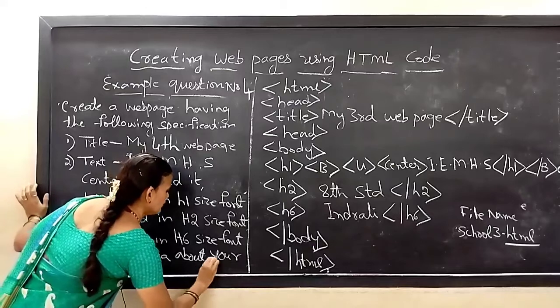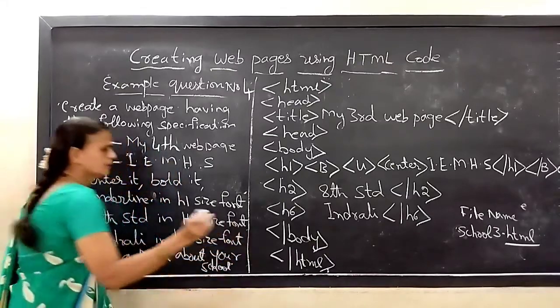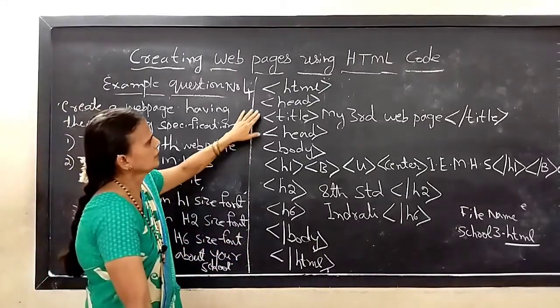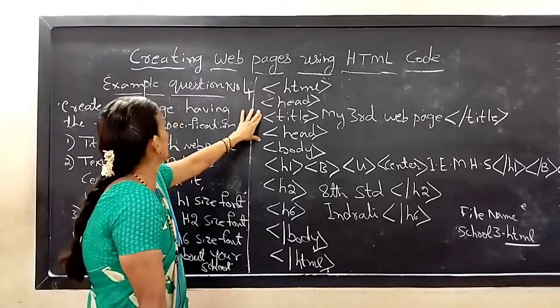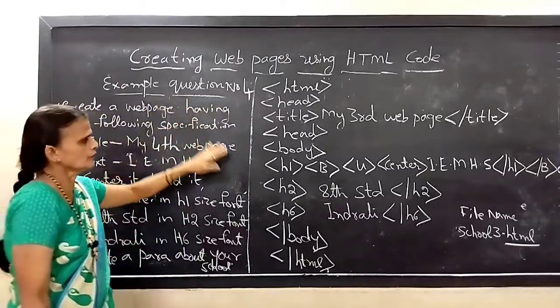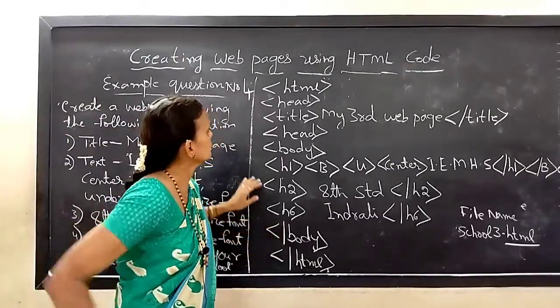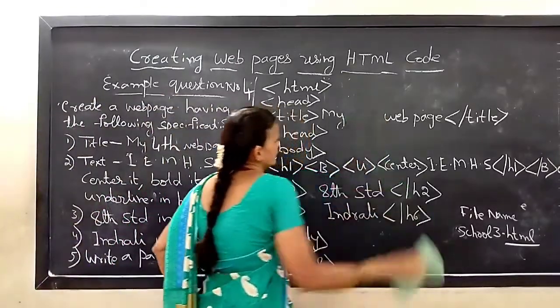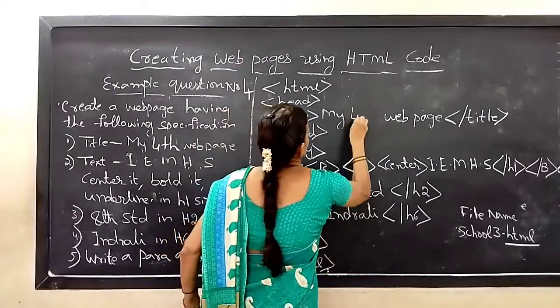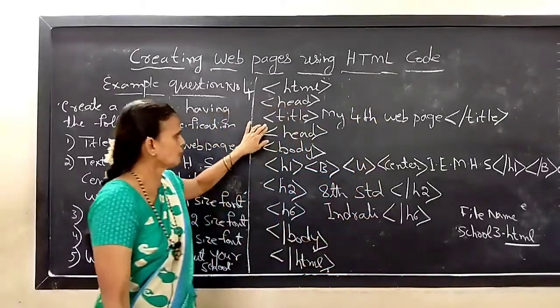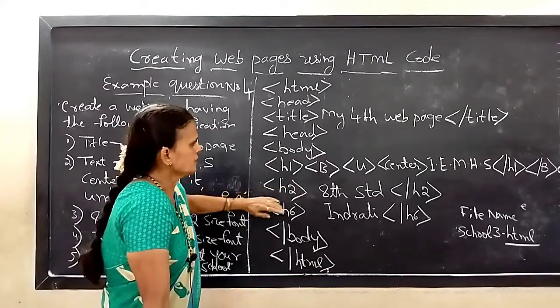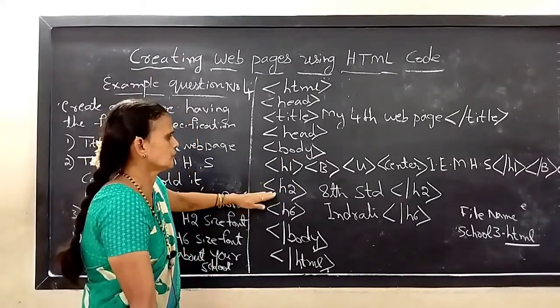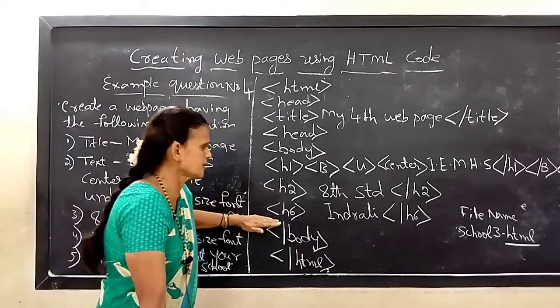So how can we write it? We can make the changes here only, or you can open a new page also. I wrote question number 4 here, so we will write fourth web page as the title. H1, let it be the school name, H2 class name, H6 place name.